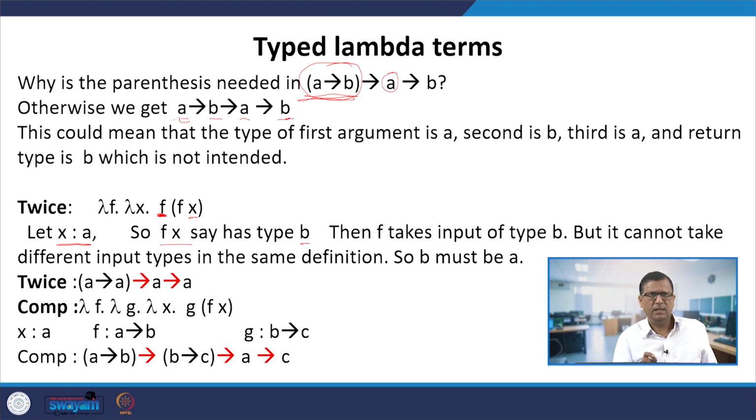Once it is taking input A, it cannot take input B in the same definition. That means B must be A.